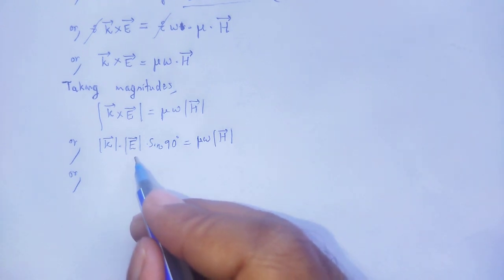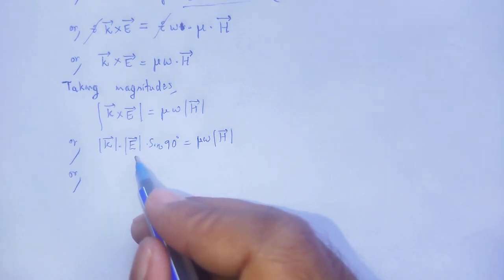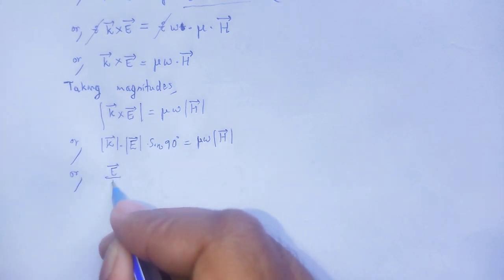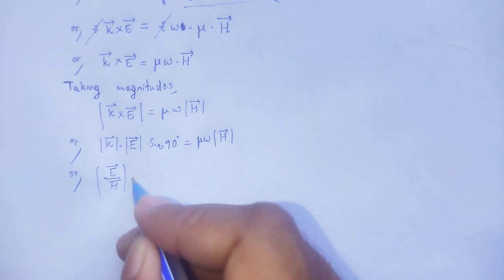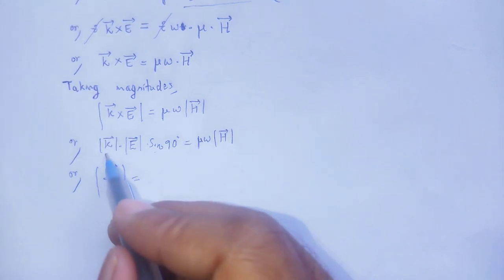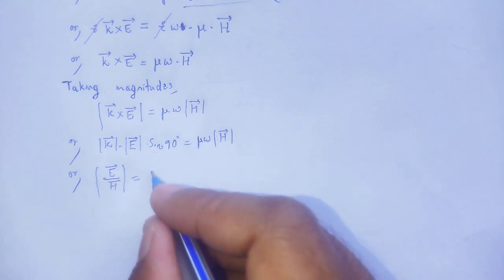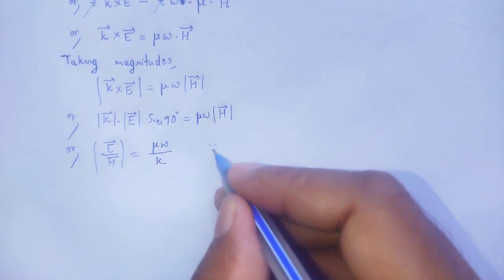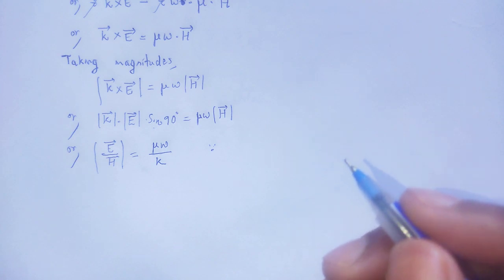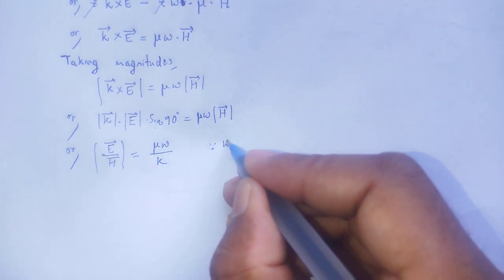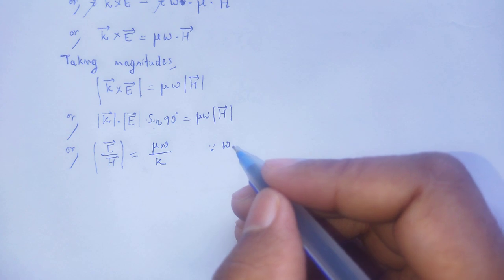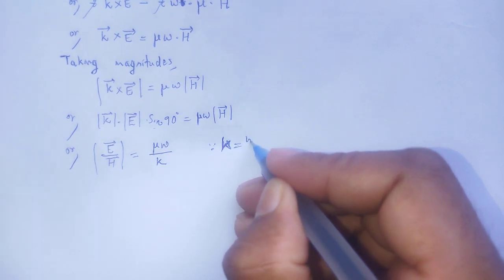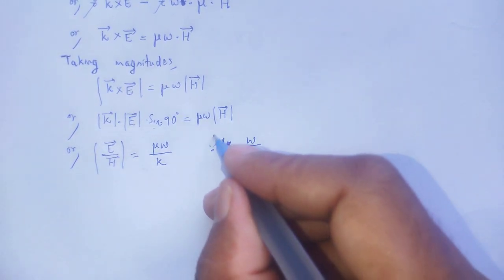Therefore, we have to calculate the ratio of E vector magnitude to that of H vector magnitude. So, E vector divided by H vector magnitude, as sin 90 is equal to 1, we obtain mu omega divided by k. As we know, omega is equal to kc, or we can say k is equal to omega divided by velocity.